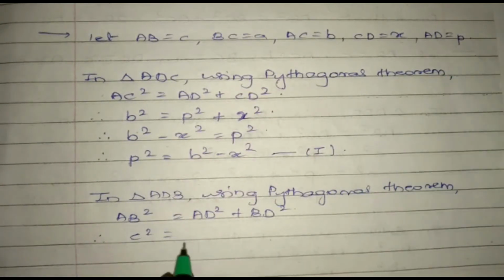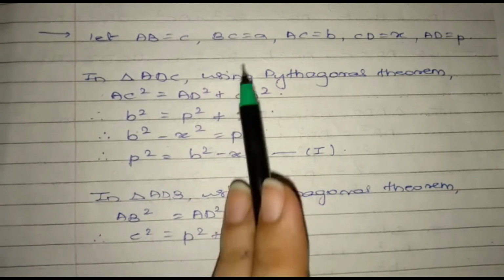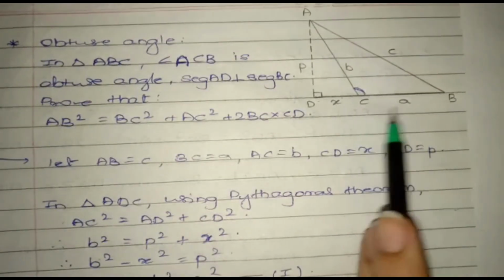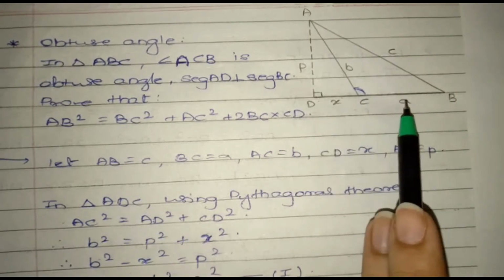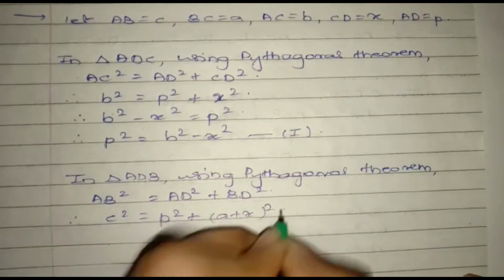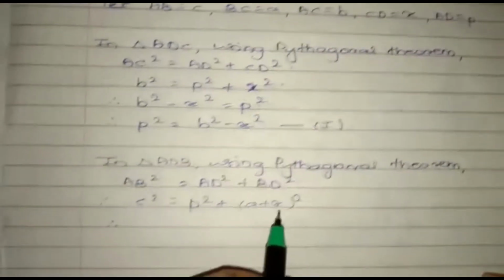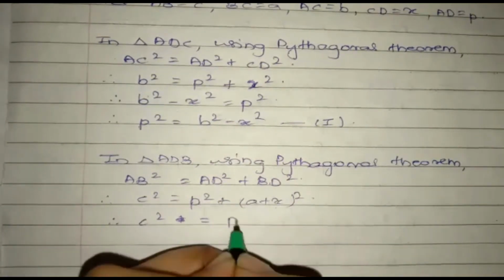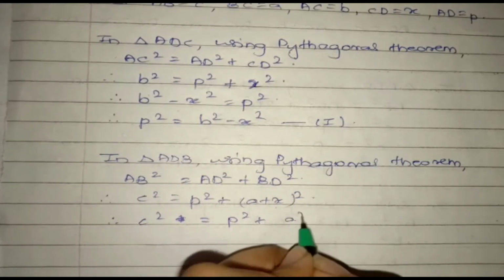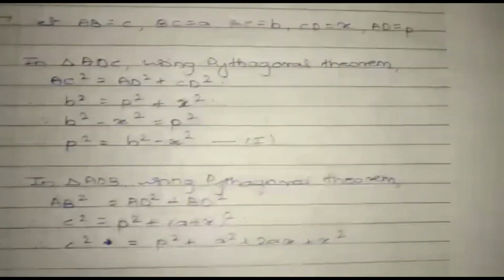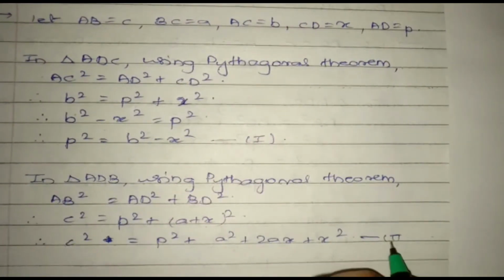AD is P. P square plus what is BD? BD is A plus X. We can see BC is A and CD is X and total BD is A plus X. So we will write BD as A plus X the whole square. Now we are going to expand this A plus X the whole square. C square is equal to P square plus A square plus 2AX plus X square. We will consider this as equation number 2.